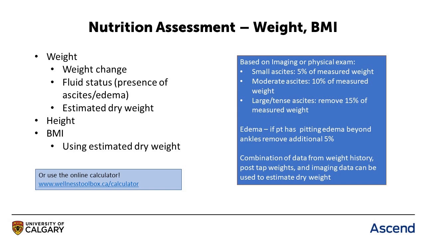What was your weight before you got sick and how have things changed? But if they have pitting edema that extends beyond their ankles, we say you can remove an additional 5% of their weight. So really it's a combination of data from weight history, imaging, and nurse practitioner and physician reports that can be used to estimate a patient's dry weight. It's not an exact science at all.